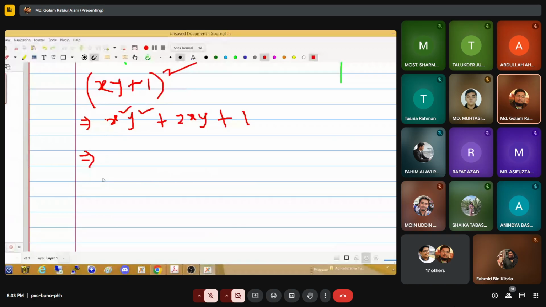For that case, if we consider this a vector that is x, rewrite it in a little bit different way: 2xy plus x square y square plus 1.